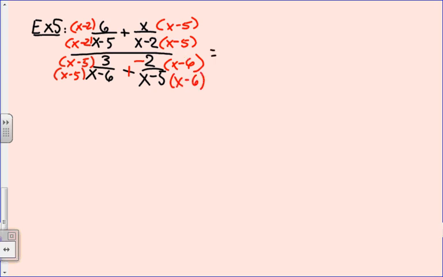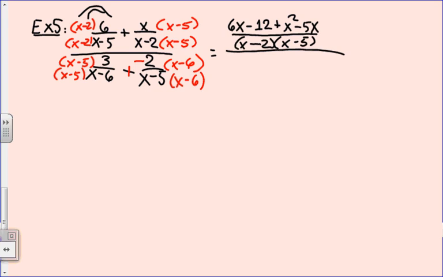We're going to have 6x minus 12 plus x squared minus 5x all over x minus 2 and x minus 5, all over... Look how big it is. All right, 3x minus 15. Careful here. Minus 2x and plus 12. Very good. All over x minus 5 and x minus 6.